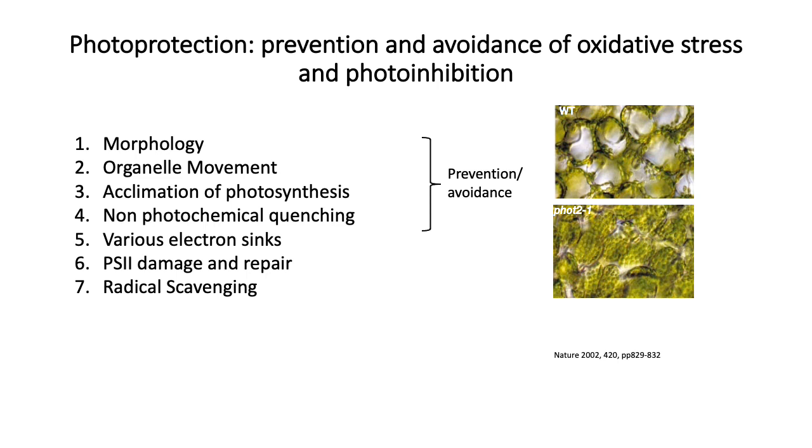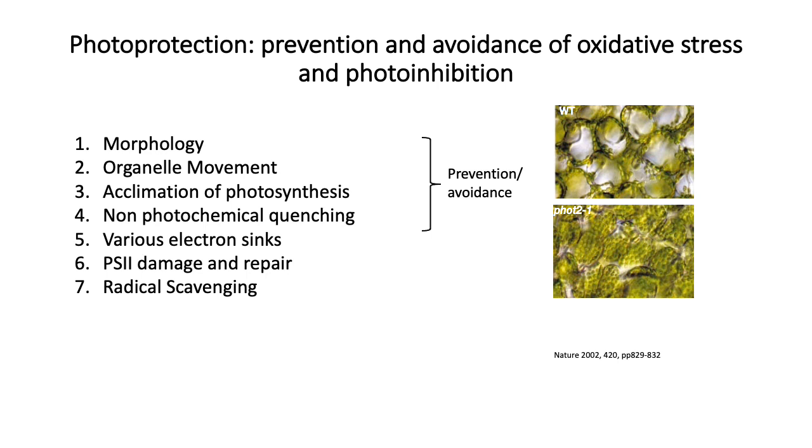So photoprotection can be defined as the prevention and avoidance of oxidative stress and photoinhibition, and has several components over different scales. So plants can change their morphology, so they can alter leaf angle, for example. You can have organelle movement, which is, for example, chloroplast movement, which can help to prevent overabsorption of light.